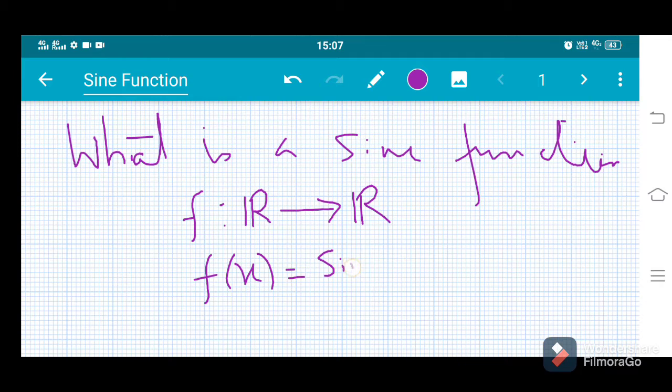This is the sine function. This function is not at all bijective. So we find some map which is bijective using sine, and then we can say what the sine inverse is.